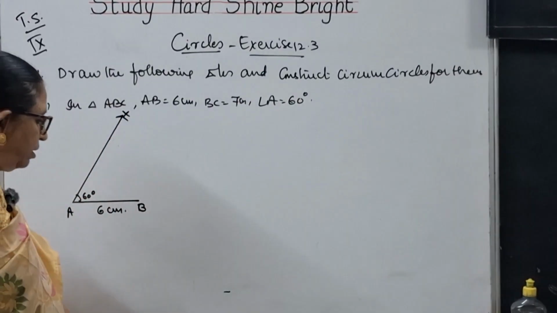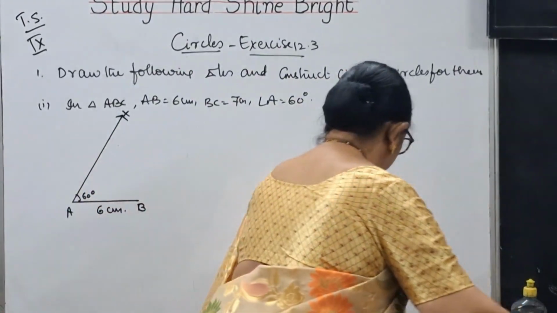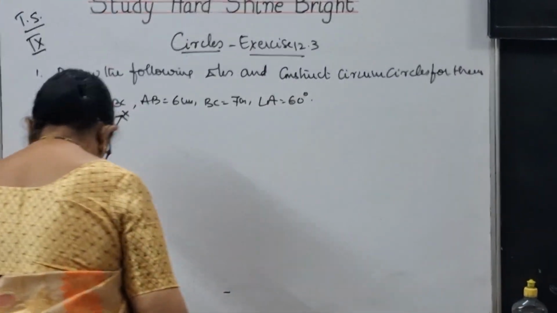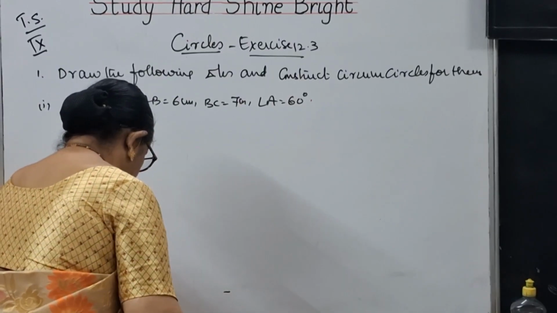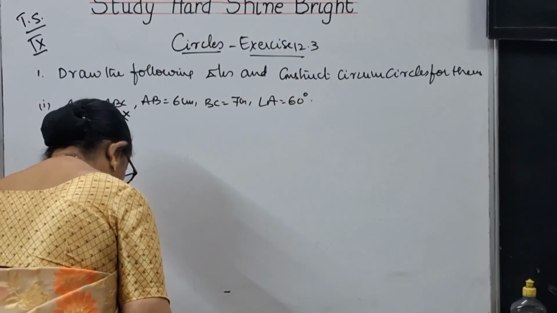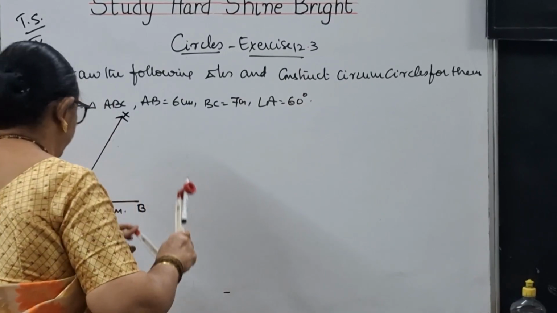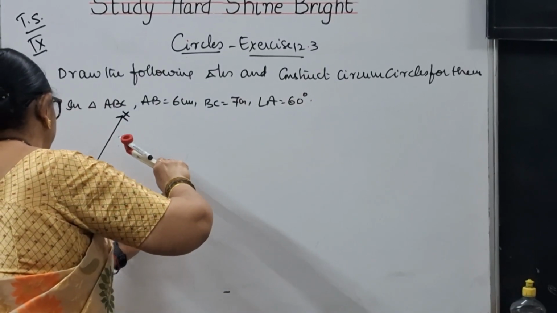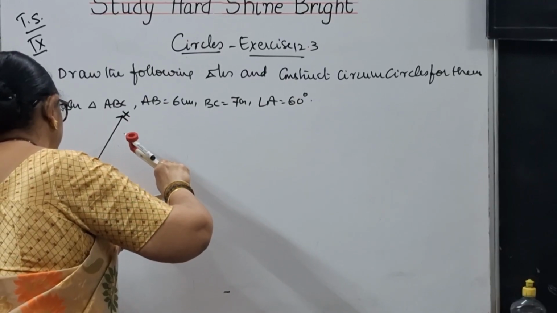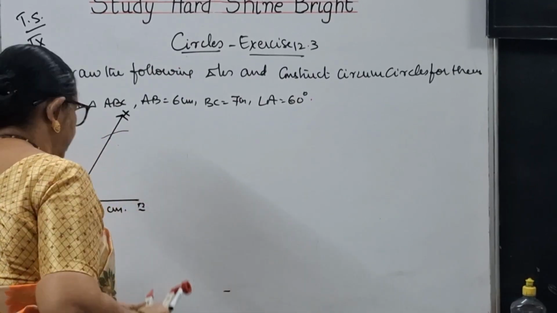Then what else did they say? BC is equal to 7 centimeters. So now, 7 centimeters BC. So B as a center, 7 centimeters, you have to draw an arc like this.